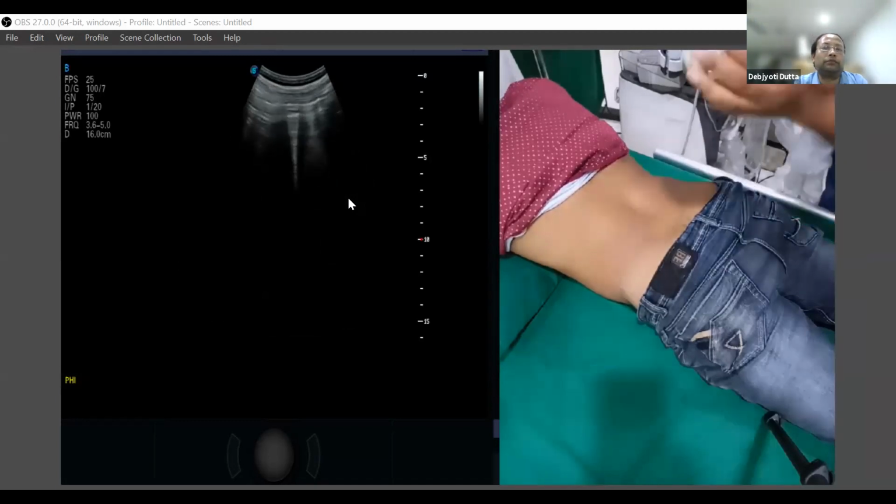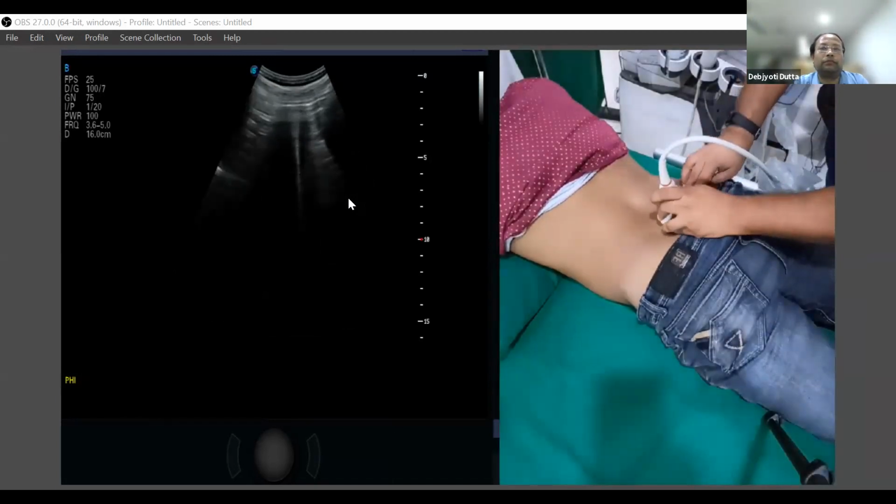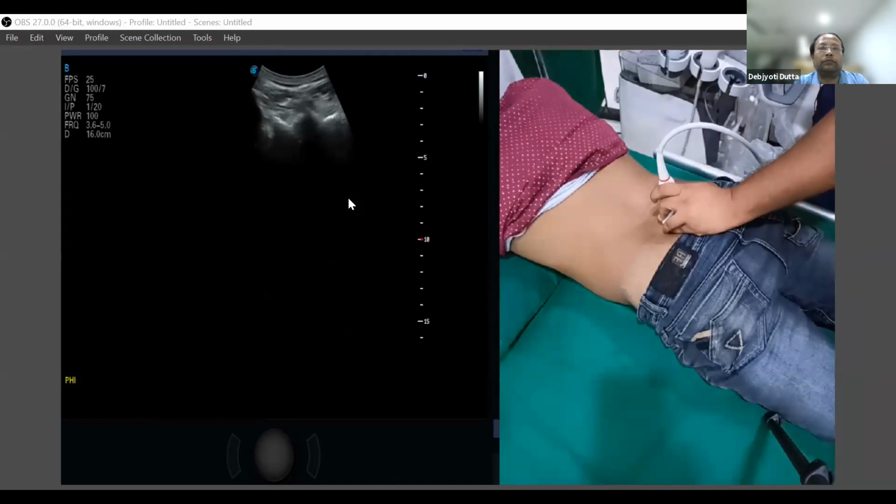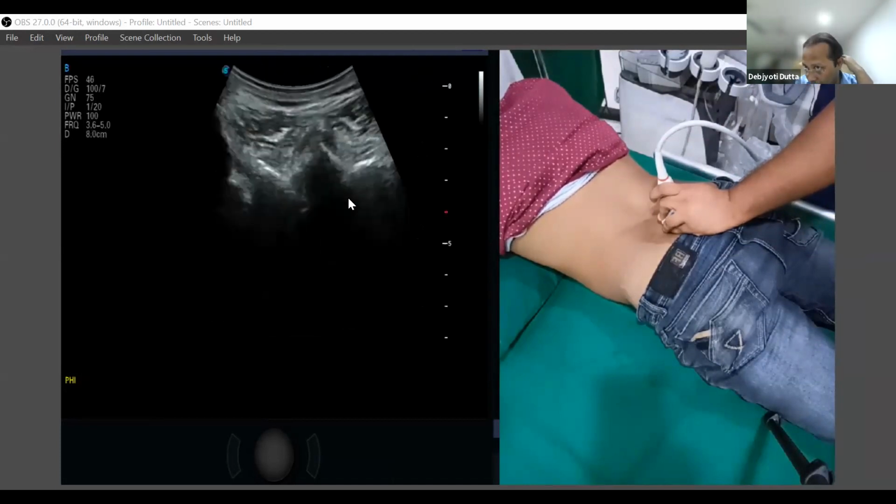So again, we are finding the PSIS, putting it. Okay. Now we need to change the depth so that you can see it in a large size.